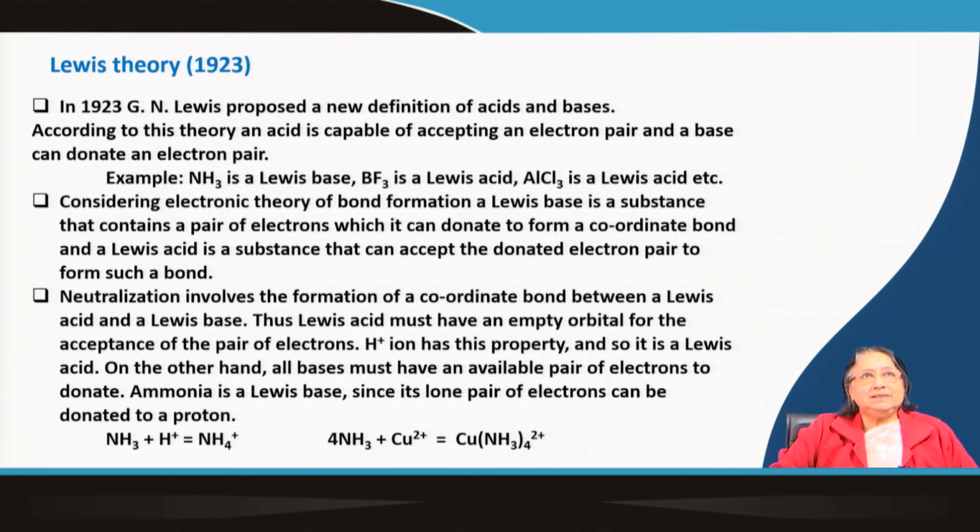Now comes the Lewis theory. Lewis theory was also given in 1923, where G. N. Lewis proposed new definitions of acids and bases. This is very simple. According to this theory, a base is something which can donate an electron pair, and an acid is something which is capable of accepting an electron pair.